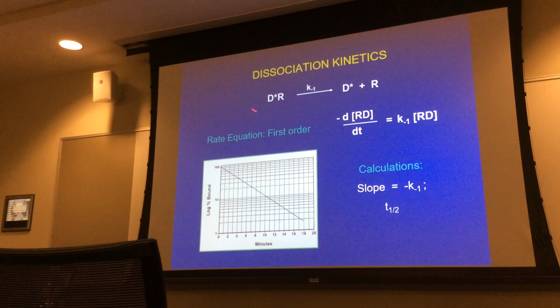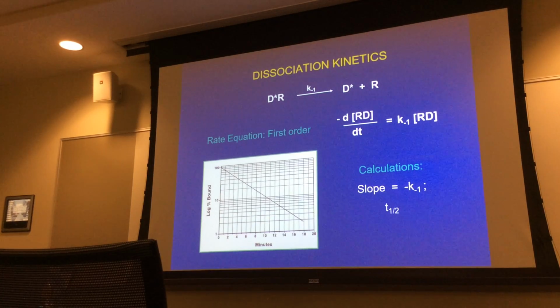The drug receptor complex, which is denoted here by D star, where D star stands for the radiolabeled drug, is bound to the receptor, so we have the drug receptor complex. And since this is a reversible reaction, once the drug receptor complex is formed, it dissociates into its free components, the rate of which reaction is defined by K-1. All right? So the larger K-1 is, the faster this drug receptor complex dissociates.